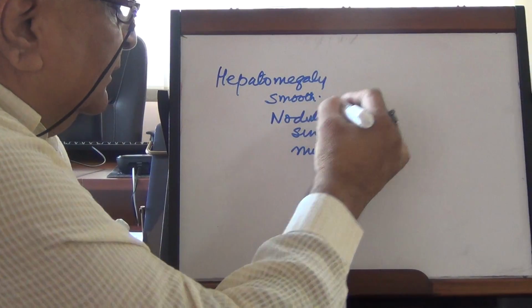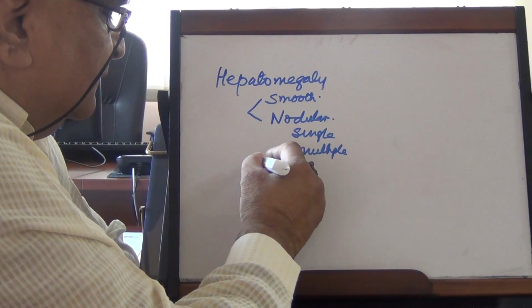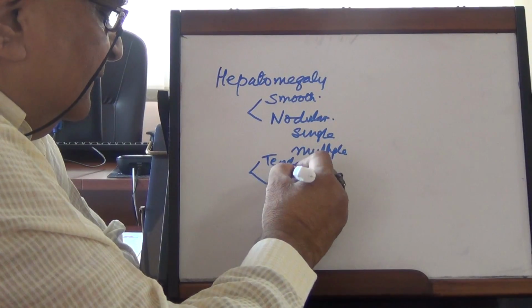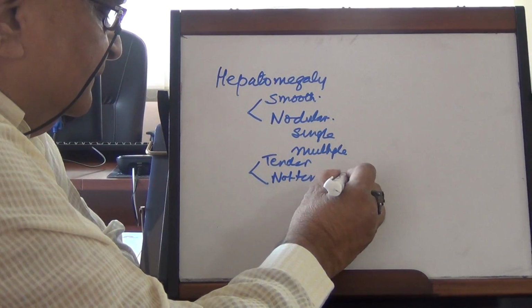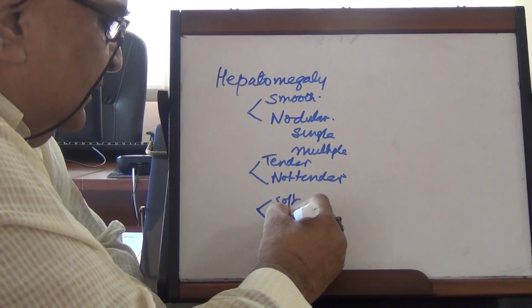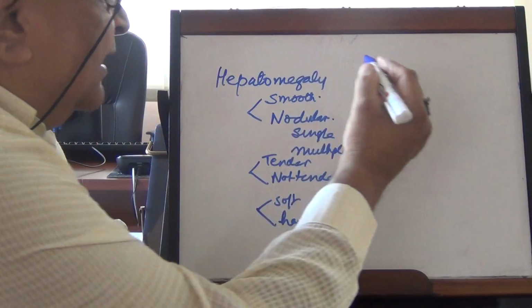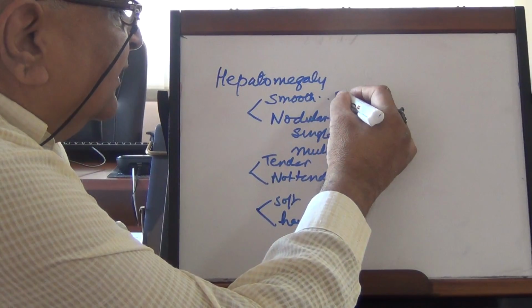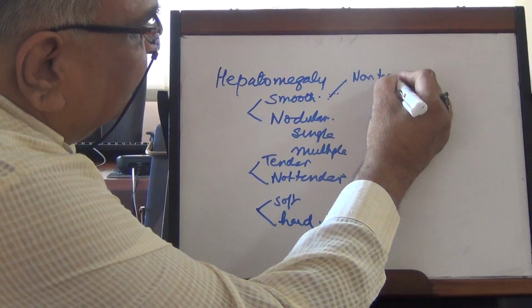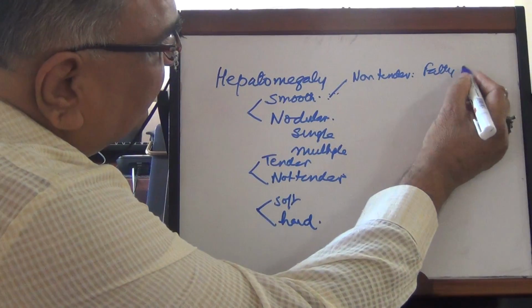Now, it can be tender or not tender. It can be soft, it can be hard. So, a smooth non-tender hepatomegaly can be a fatty liver.